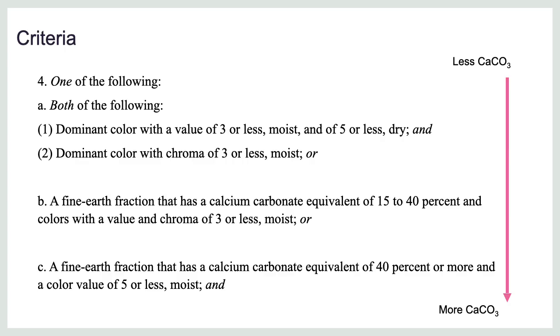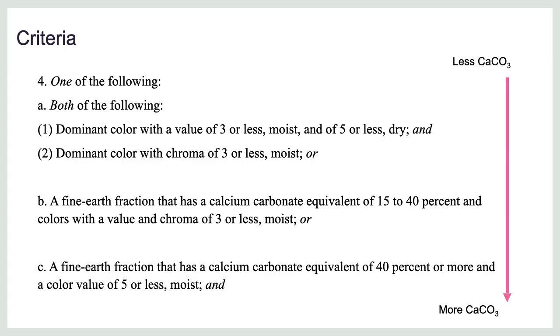So the Mollic epipedon should register a dark color. And the chroma also should be 3 or less when moist. So if I register no calcium carbonate or a very low content, that specific epipedon should register a very dark color with value and chroma of 3 or 5 or less.